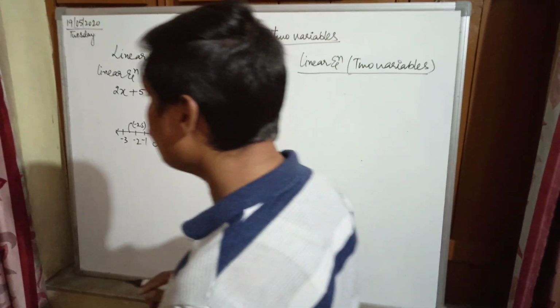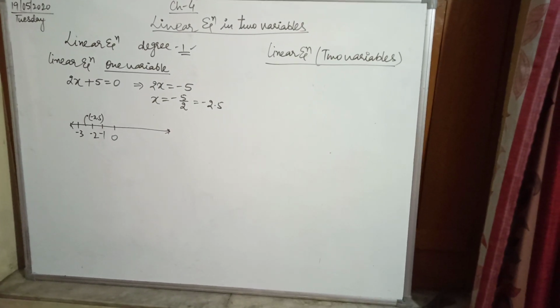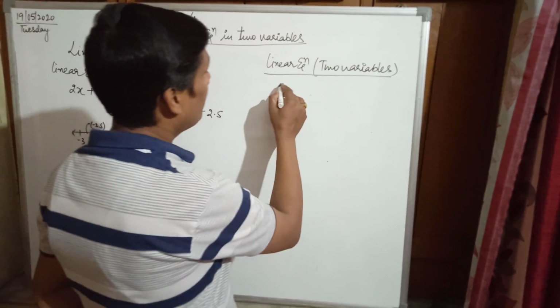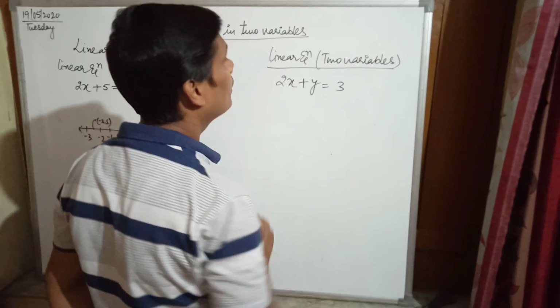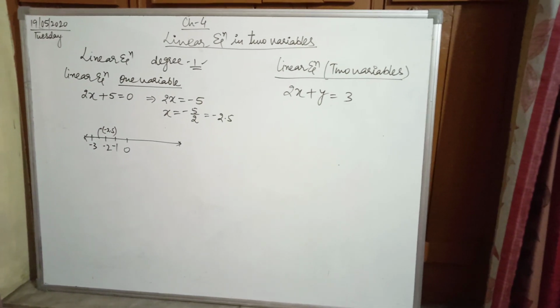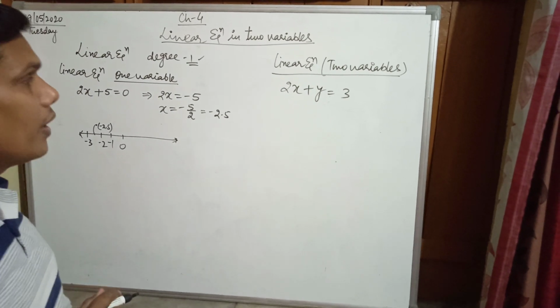Linear equation with two variables means now we will take two variables with degree 1, like 2x plus y is equal to 3. We have taken 2x plus y is equal to 3. This is a linear equation with two variables.